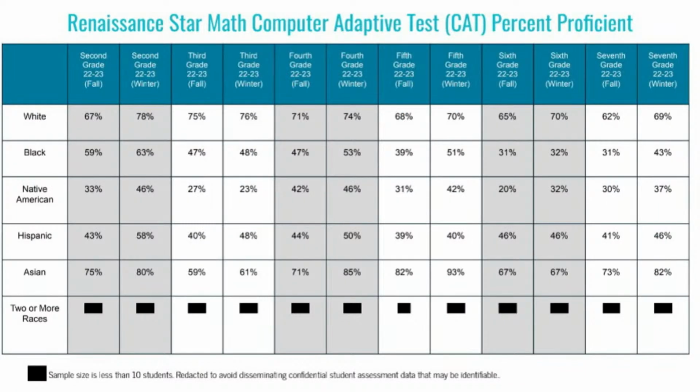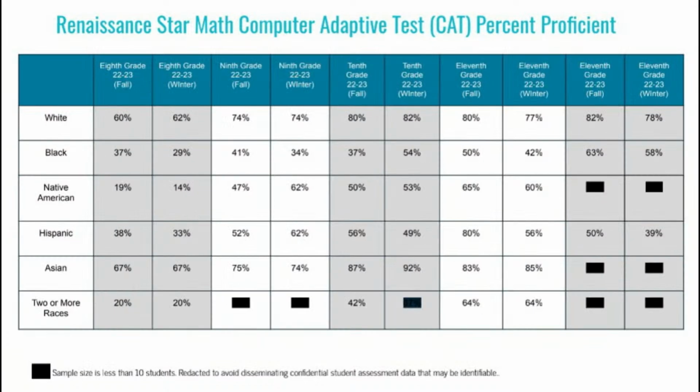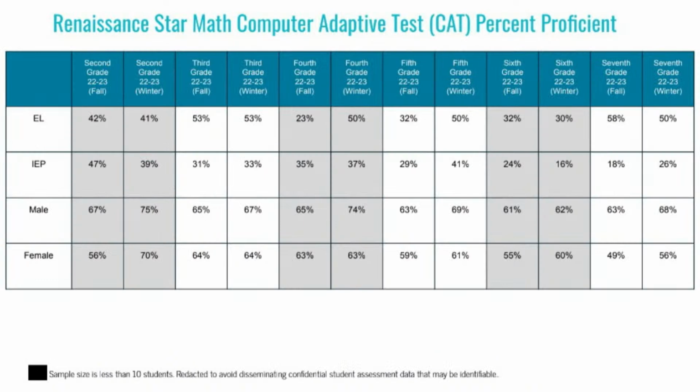So as you read across and down, again, the columns are highlighted to help make it a little easier to read. And then more of our focus student groups. And just a few more slides going 1st through 12th grade.